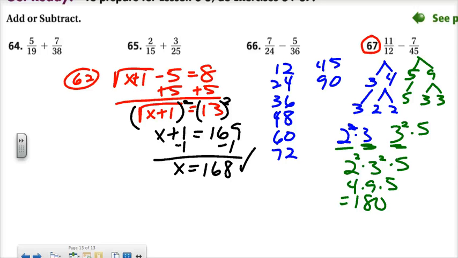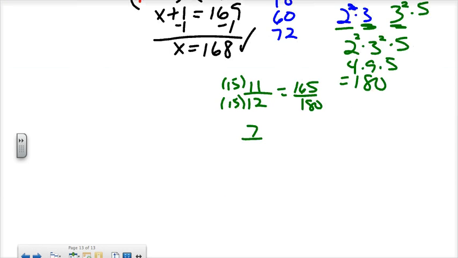So we'll take 180 and divide it by 12, and that means we're going to have to multiply the numerator and denominator of 11/12 by 15 in order to make this work. So 15 times 11 gives us 165 over 180. And then we need the 7 over 45 to be something over 180.